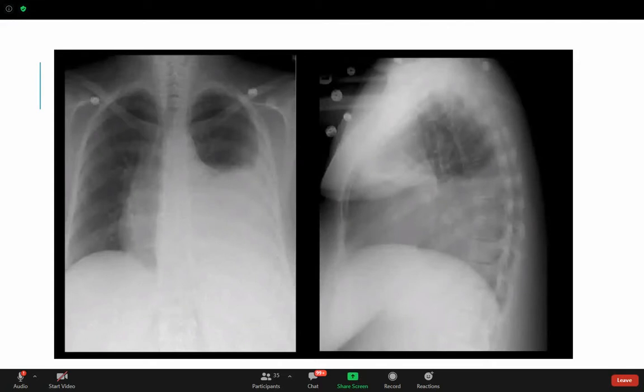The top of the differential would definitely be pleural effusion. But other diagnoses, like a consolidation from pneumonia, would also give you a white abnormality, okay? But when you see it very white with no air, no black whatsoever, completely white, you would expect it to be most likely pleural effusion.